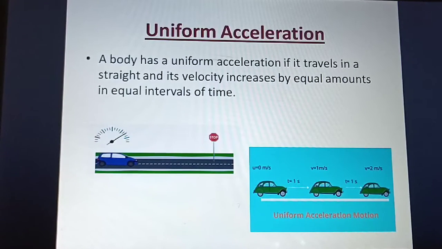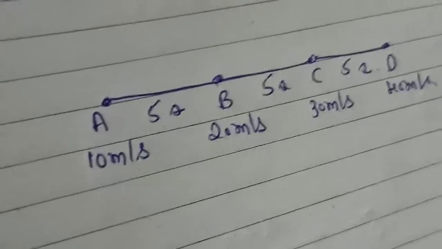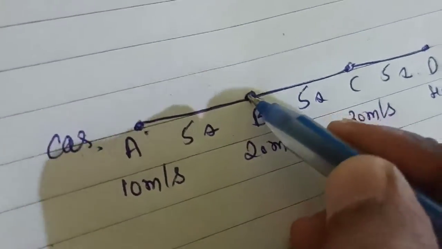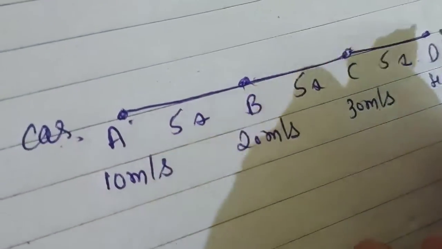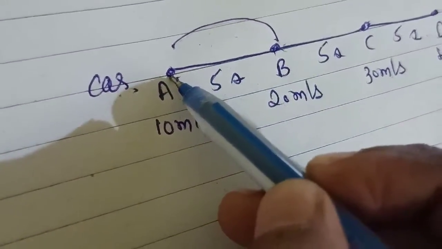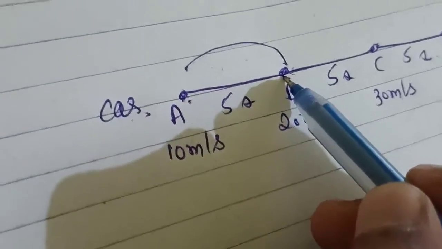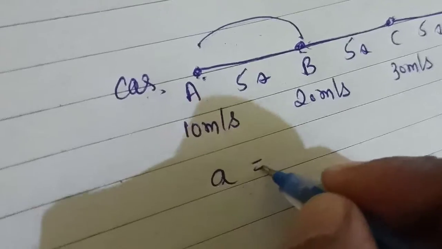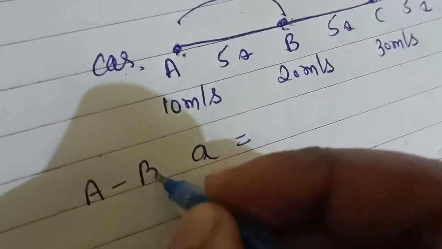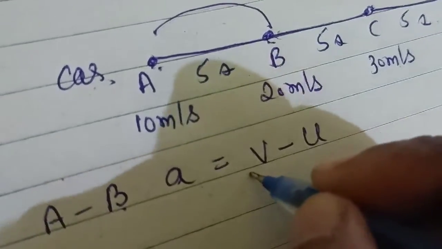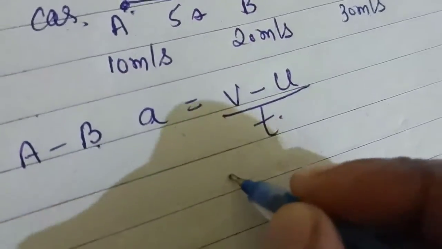So let's consider an example. Now the car moves from point A to point B, then point B to point C, and it goes on. If we take the acceleration from A to B, what is the formula? Final velocity minus initial velocity, divided by the time.